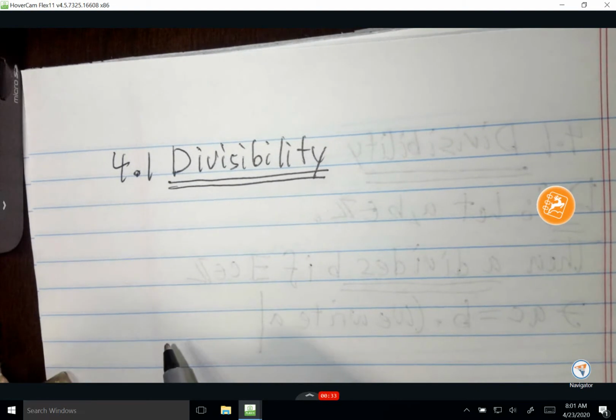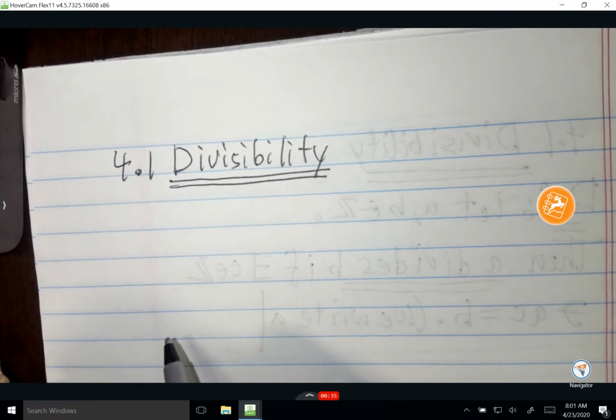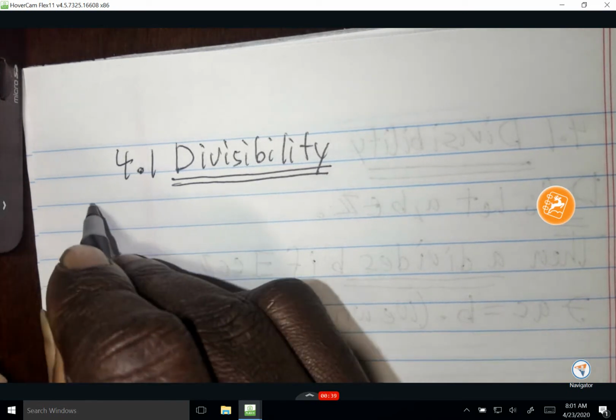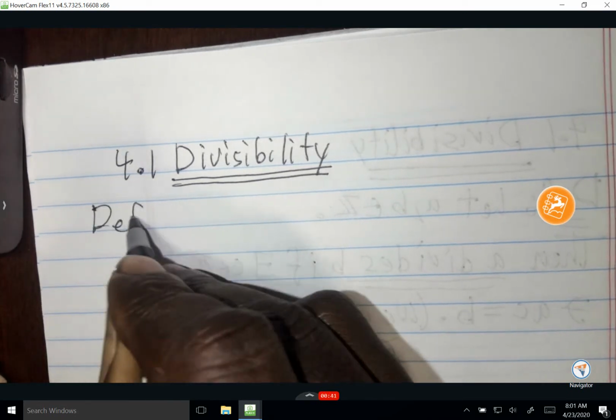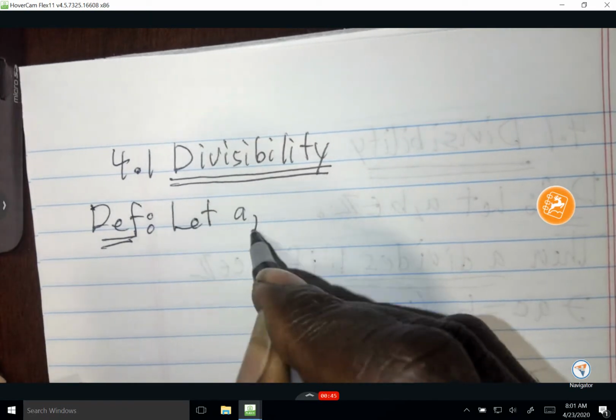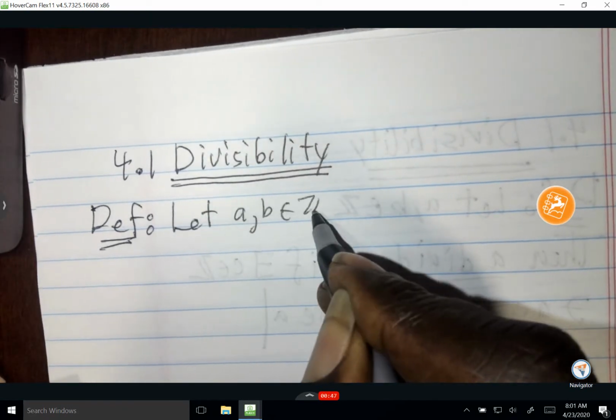So what does it mean for an integer to divide another one formally? Well, let's define it. Okay? So the formal definition is this. Let A and B be integers.